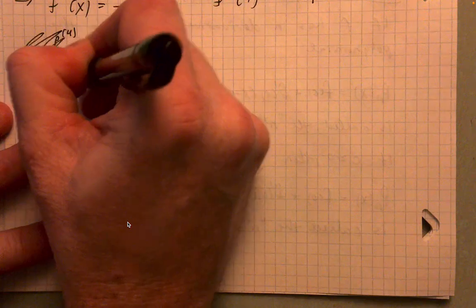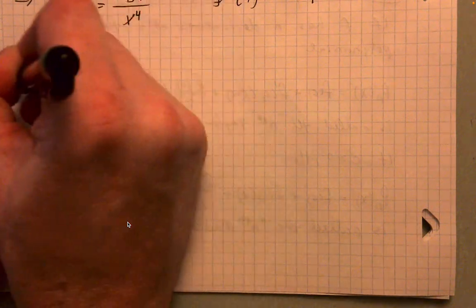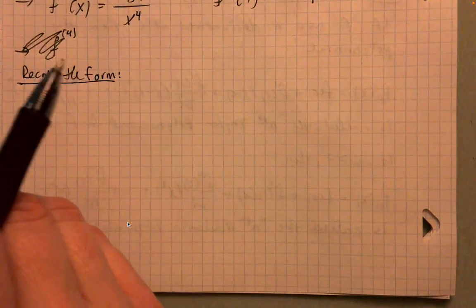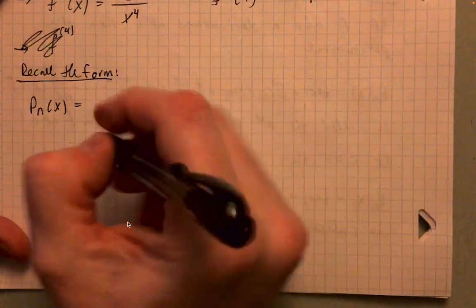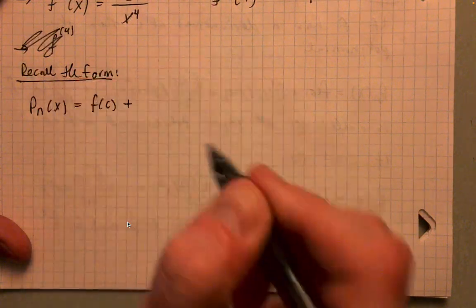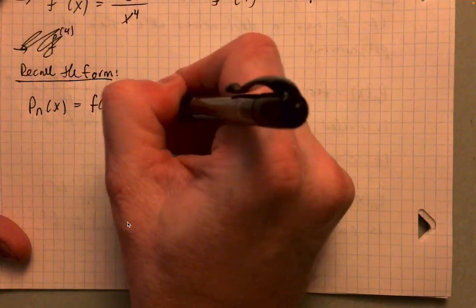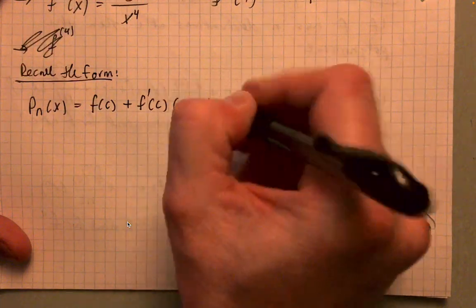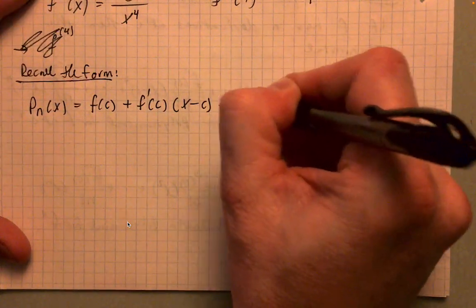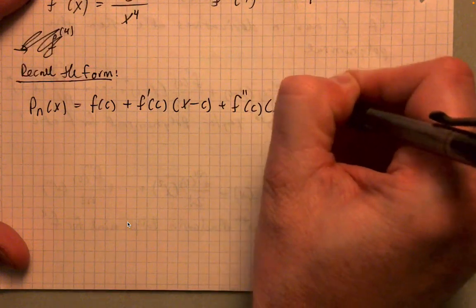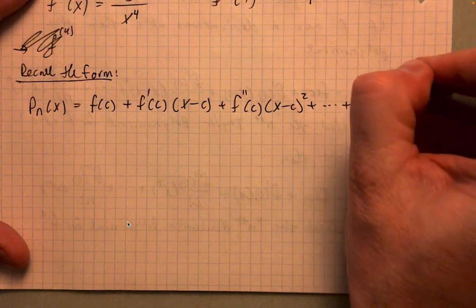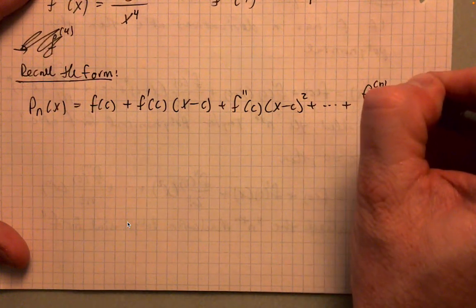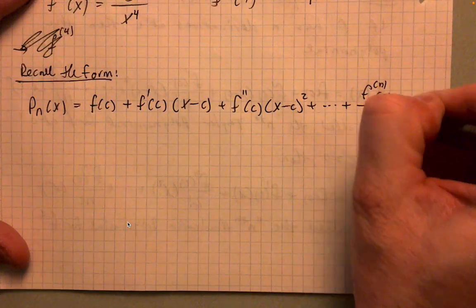Okay, so let's recall the form. Okay, so what did we have before? We said that p of n of x is going to be equal to f of c plus f prime of c times x minus c plus f double prime of c times x minus c squared plus dot dot dot plus f to the n of c over n factorial.